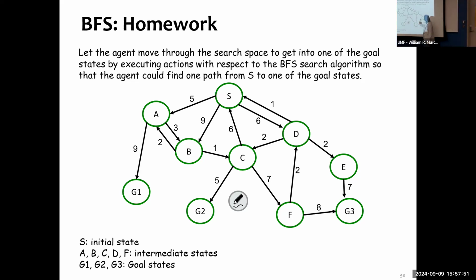Then you have different intermediate states, which are A, B, C, D, E, F. That is it. And the good thing that we didn't have before is the cost on the arrows. So we'll try to solve this problem with respect to the BFS.